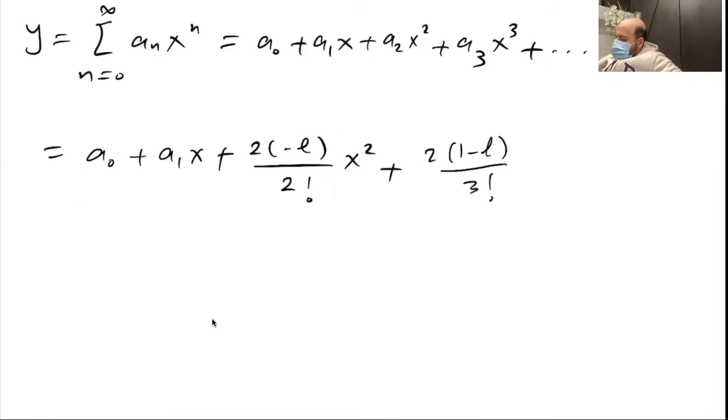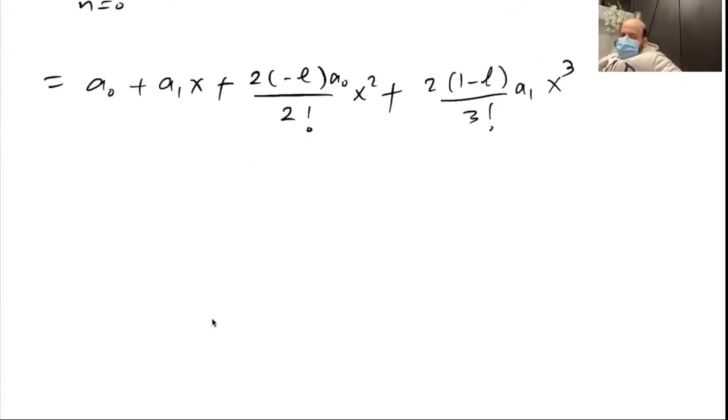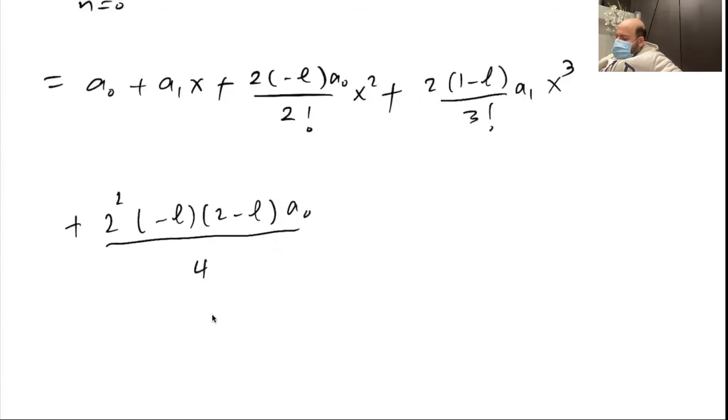So I missed A0 here: A0 x squared plus this times A1 x cubed. And then for x to power 4, we have 2 to power 2 times (-L)(2 - L) A0 divided by 4 factorial x to power 4.